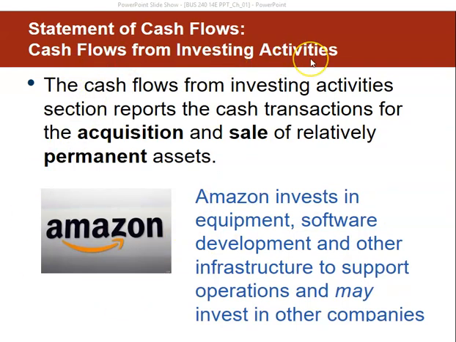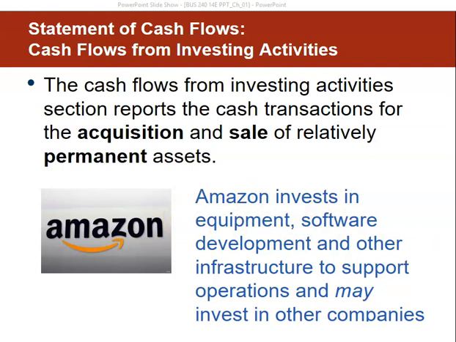Regarding investing activities, just an example, it says Amazon invests in equipment, software development, and other infrastructure to support operations. And they may potentially even invest in other companies. Just as the land that we purchased with Net Solutions was an investing activity, we might have equipment, software, these types of things that we're also going to purchase.